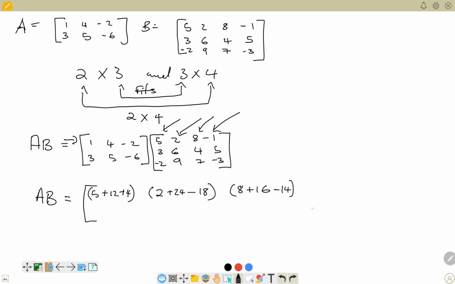Then we go to the last column. 1 times 1, it's minus 1. Then 4 times 5 is plus 20. Negative 2 times negative 3 is plus 6. So we were able to complete the first row of our resulting matrix.